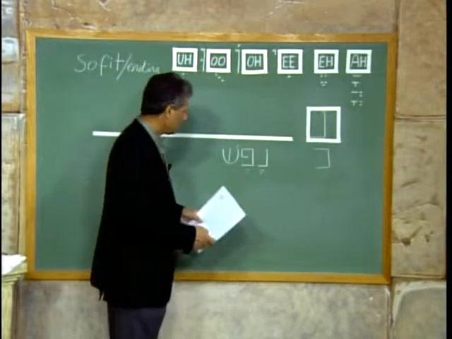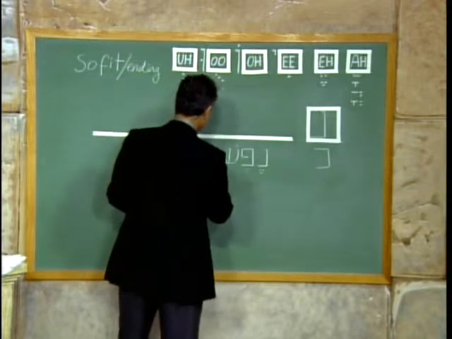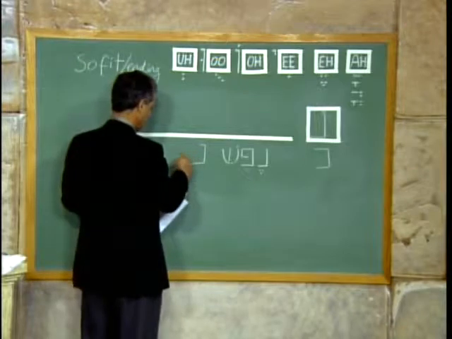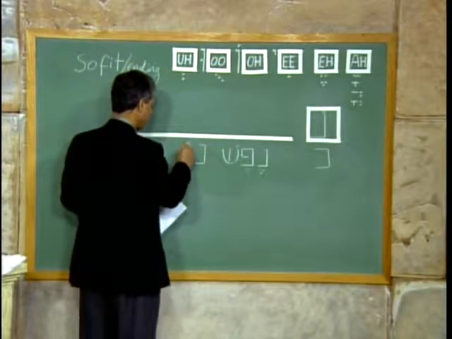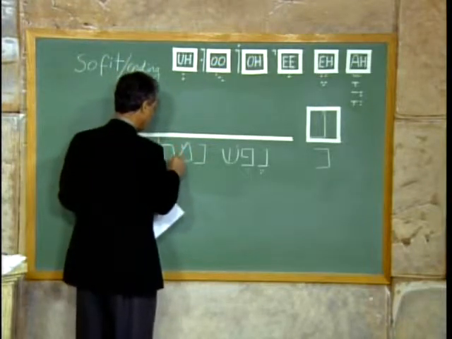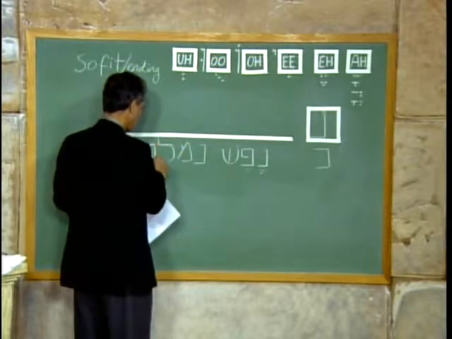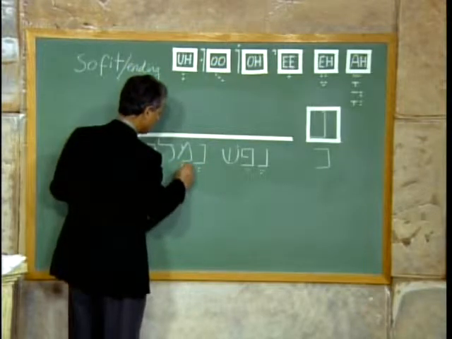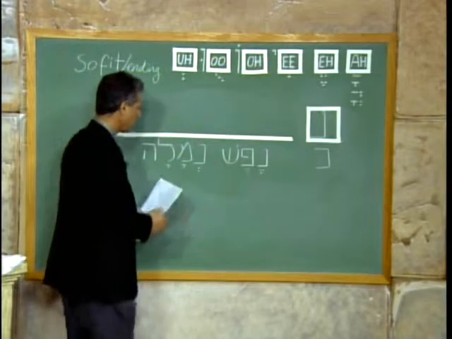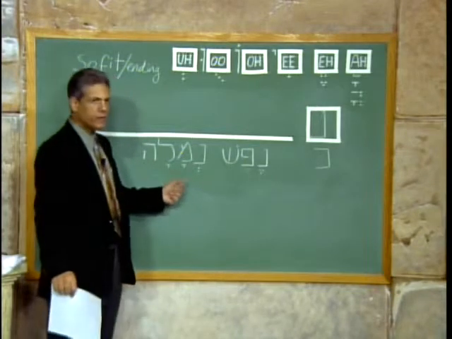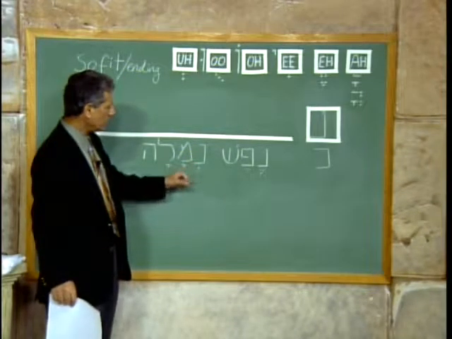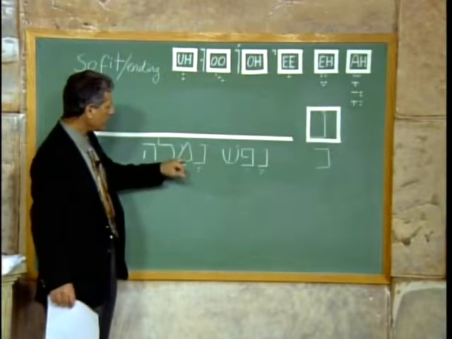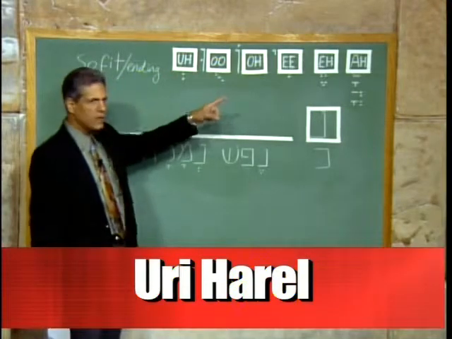How about this word? You have Nun, Mem, Lamed, Hey, and these are the vowels. The word is read, first the Nun with a sound right from here, ne. Mem with an a sound, ma.